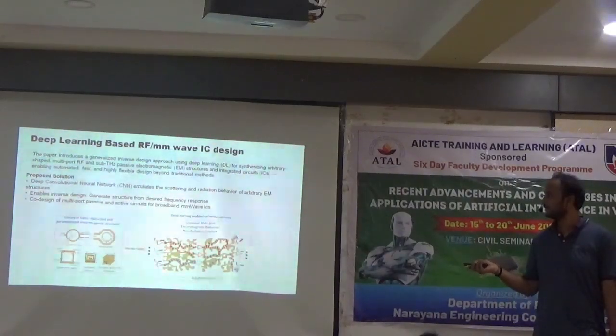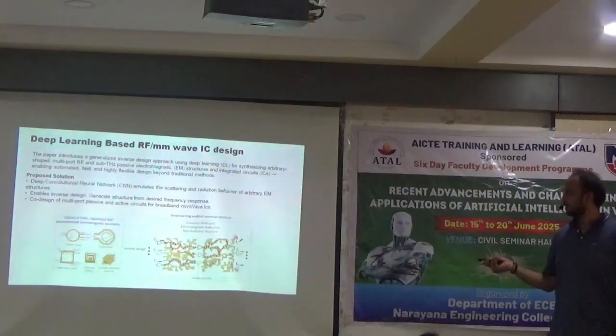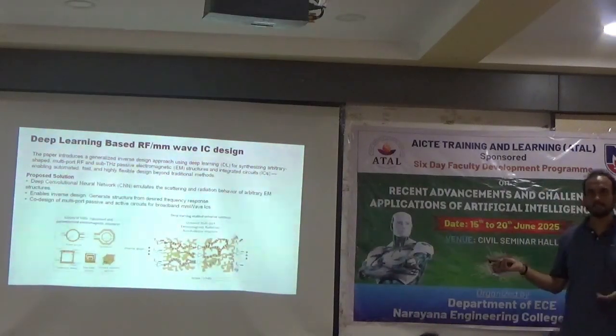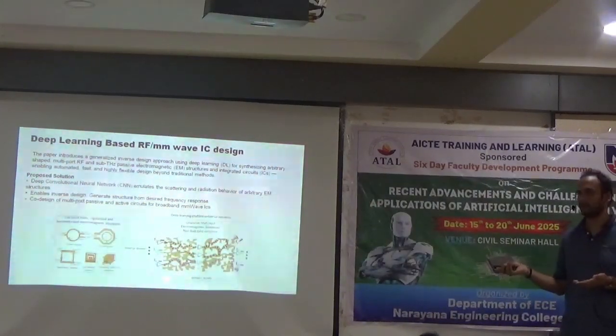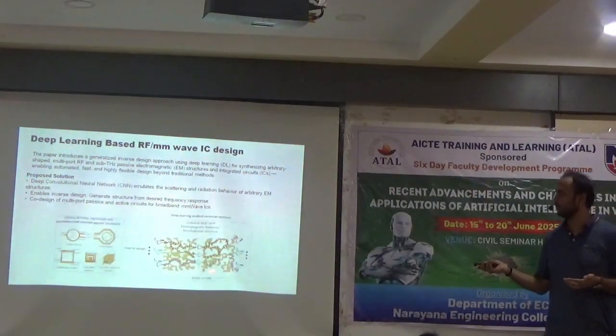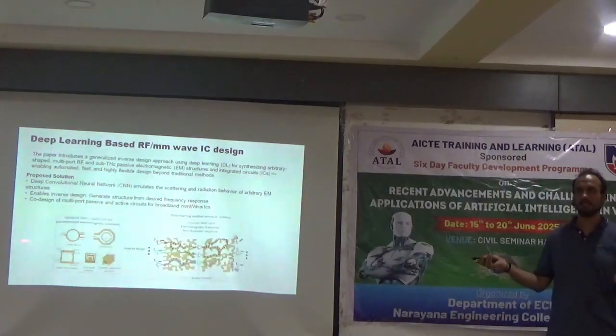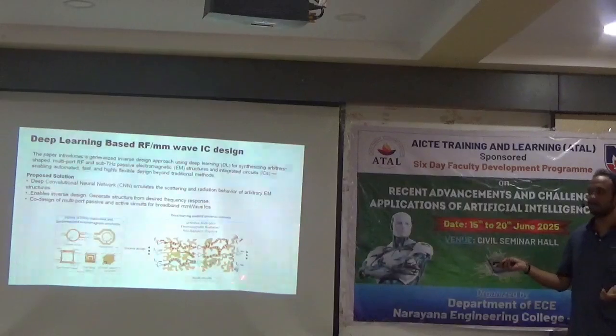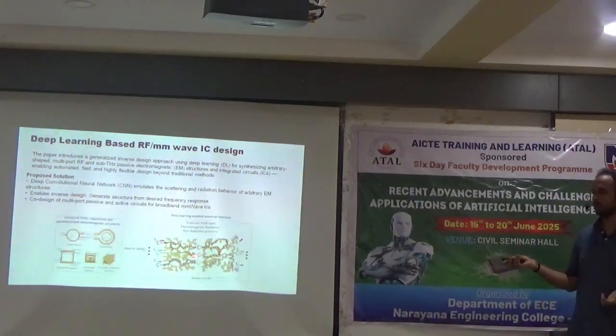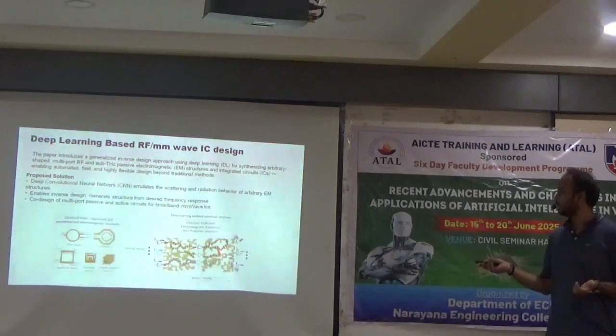On the right-hand side, you see this arbitrary shape that doesn't make any sense, right? But somehow this layout is working because it is an AI-generated layout, and this group claims it is more optimized. This is the very traditional way of making a filter using inductors and capacitors, and this is what AI generated. It is very unconventional, something you will not find in your textbook, but it gives the performance and is more optimized.